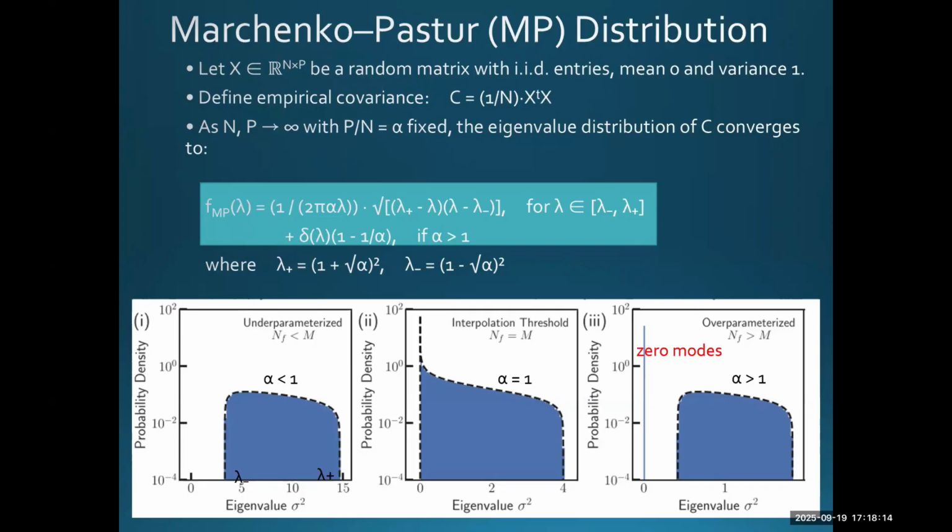For example, when alpha is less than 1, it has a broad band. And when alpha is equal to 1, a zero mode appears. And this is related to the diverging error. And when alpha is larger than 1, there is a gap between the zero mode and the continuous spectrum.